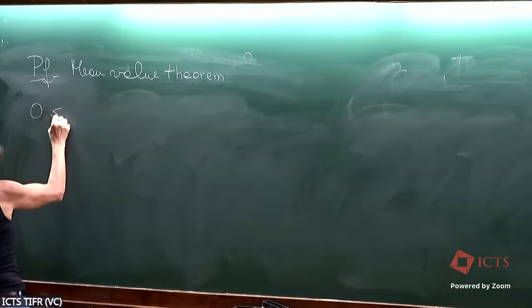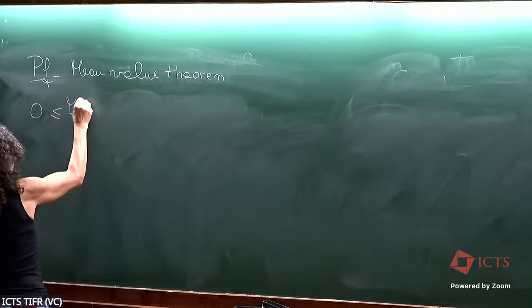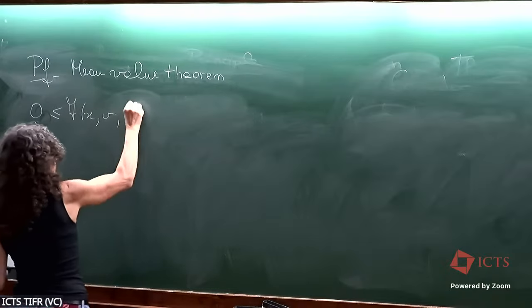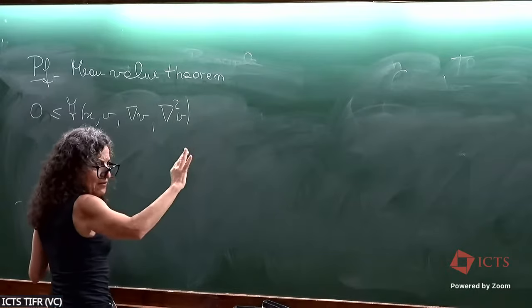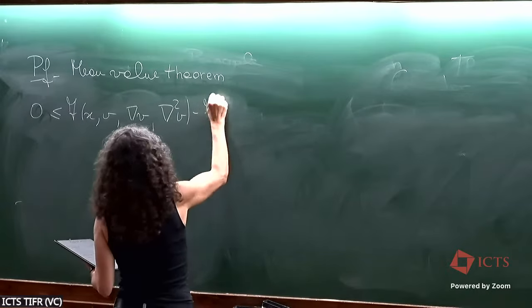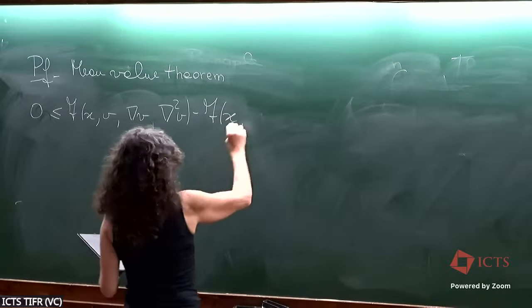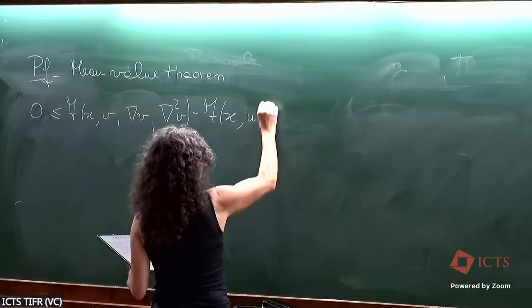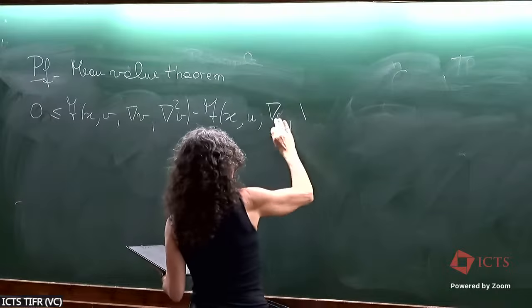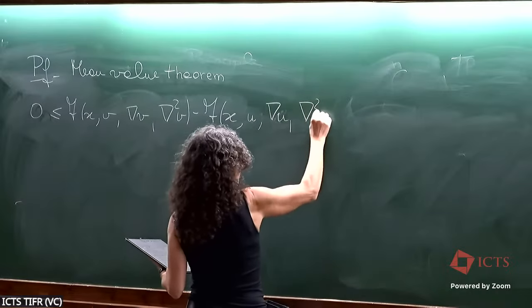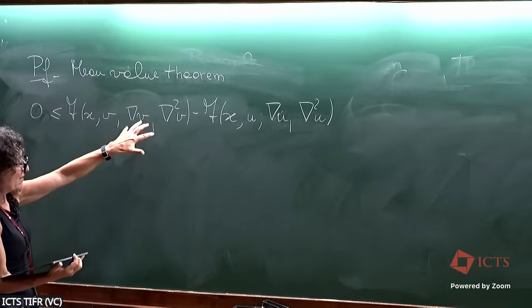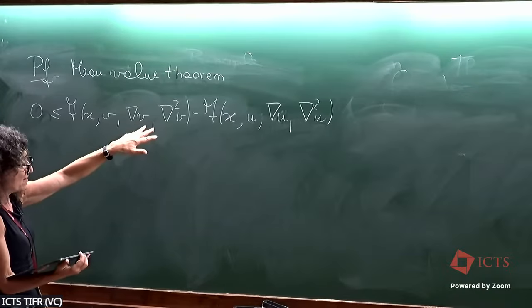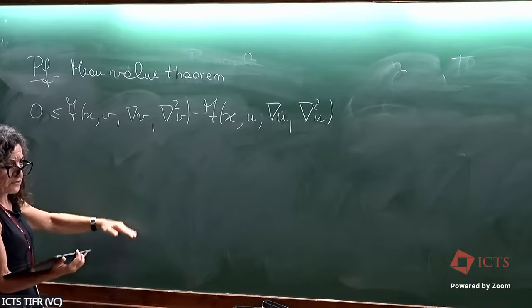0 smaller or equal than F(x, v, gradient v, Hessian of v). It's a computation now, so let me be a little bit annoying. Okay, this is the assumption, larger or equal than 0. Now we are going to write this difference as a sum of 3 differences.